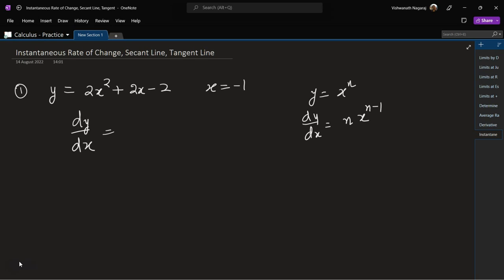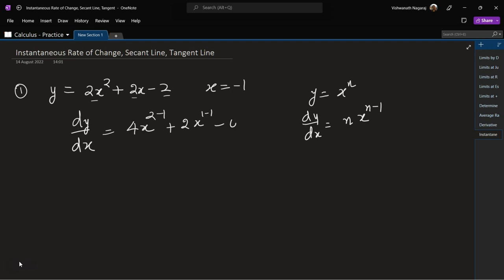And we also know the rules of addition, subtraction and all that. So here, what will be the dy by dx? We do it individually for all these. So this will be 4x^(2-1) plus 2 times x^(1-1). 1 comes down and 1 gets subtracted.